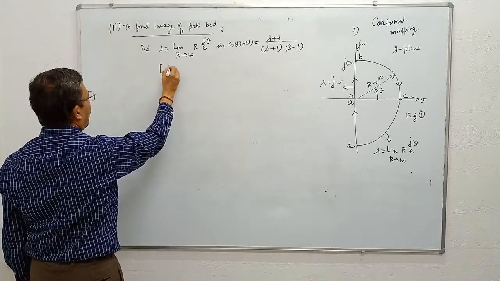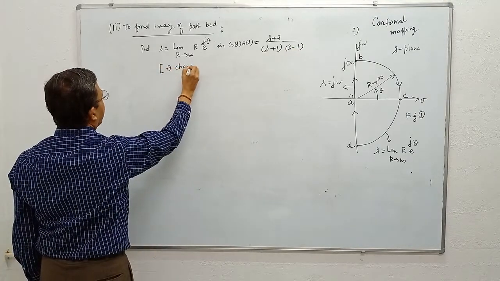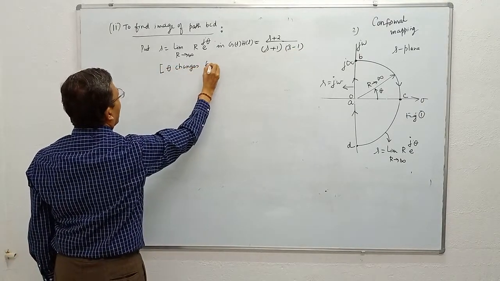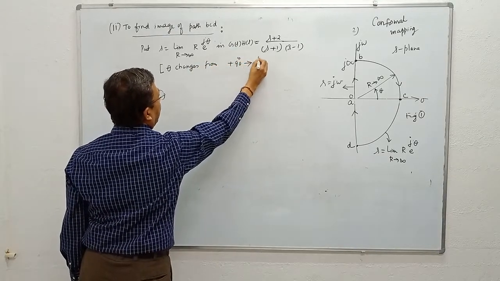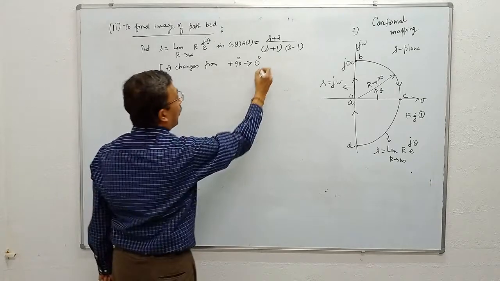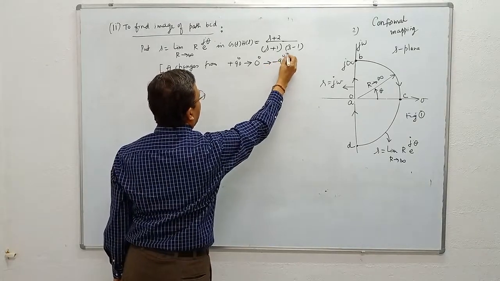Like in the previous problem, theta changes from, at point B, theta is plus 90 degrees, at point C, theta is 0 degrees, at point D, theta is minus 90 degrees.